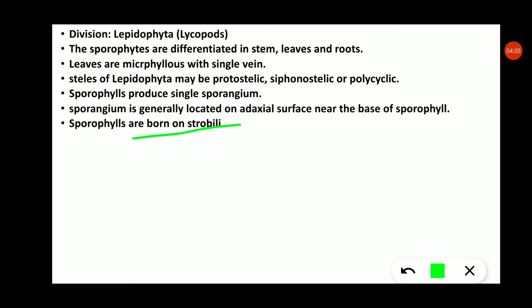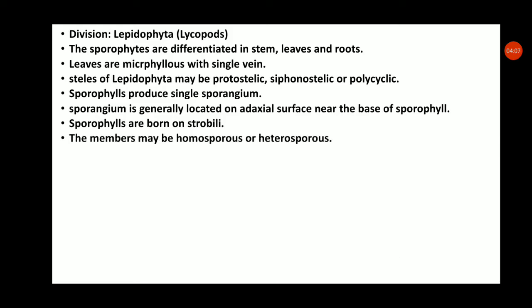Then the next character: the members may be homosporous or heterosporous. Homo means the same spores, while heterosporous members produce microspores and megaspores. So the members that come under the division Lepidophyta may be homosporous or heterosporous.